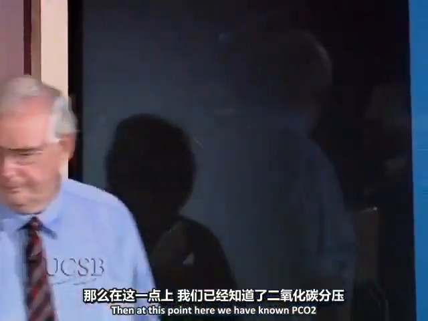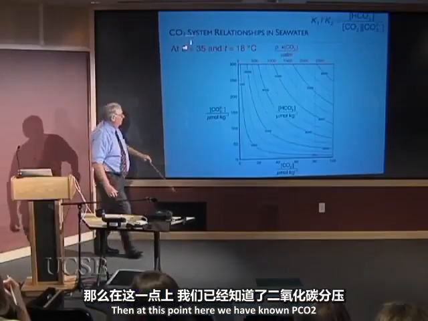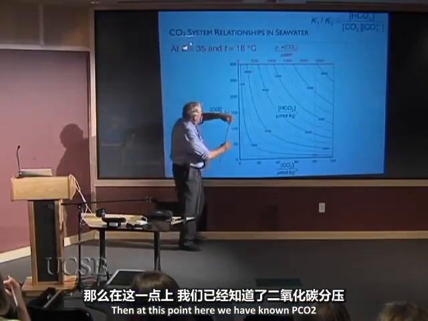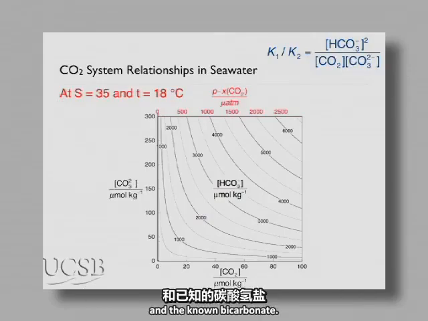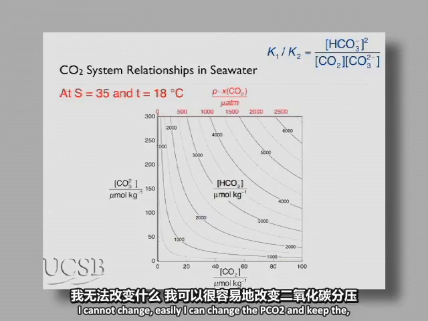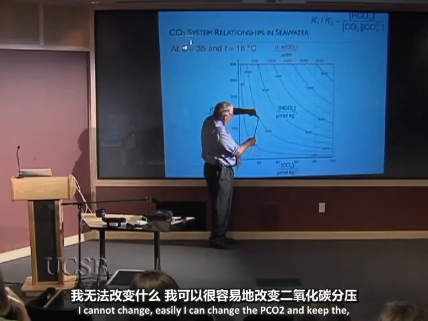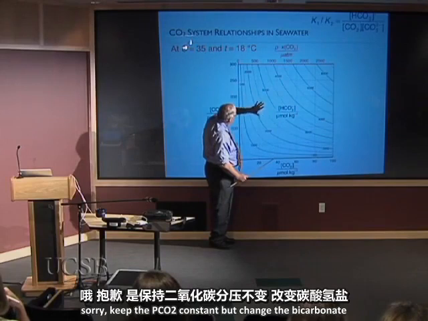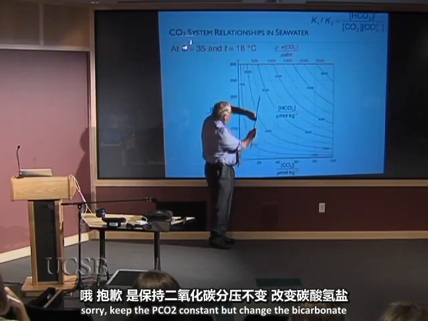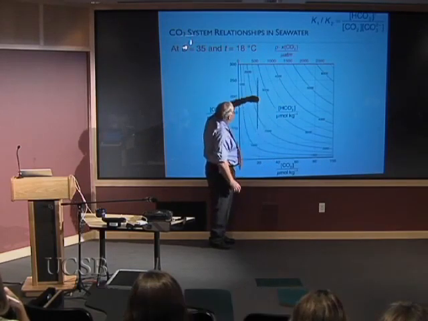Then at this point here, we have a known PCO2 and a known bicarbonate. I cannot change easily. I can change the bicarbonate and keep the PCO2 constant by simply going up that line.